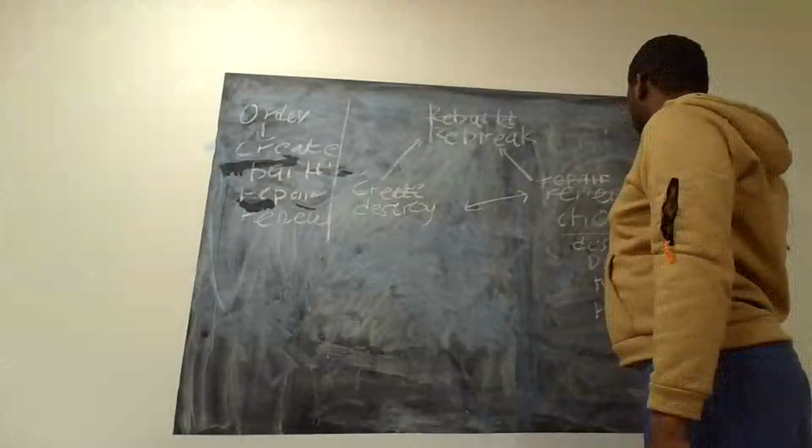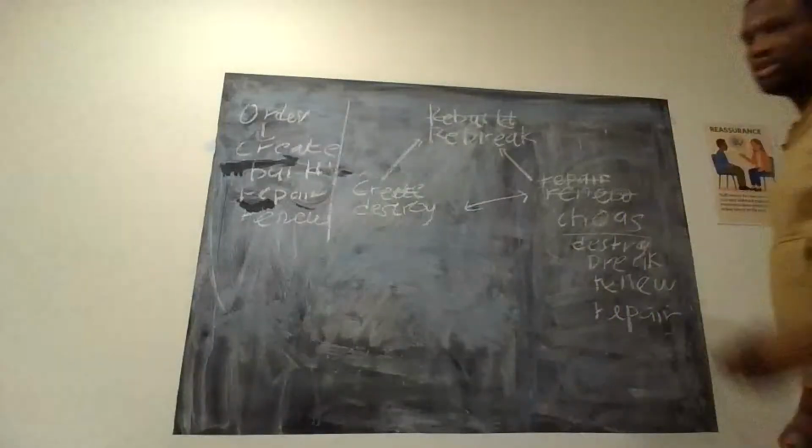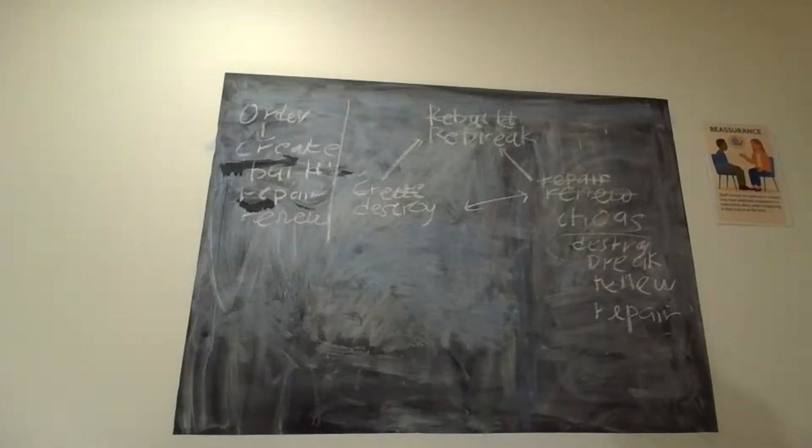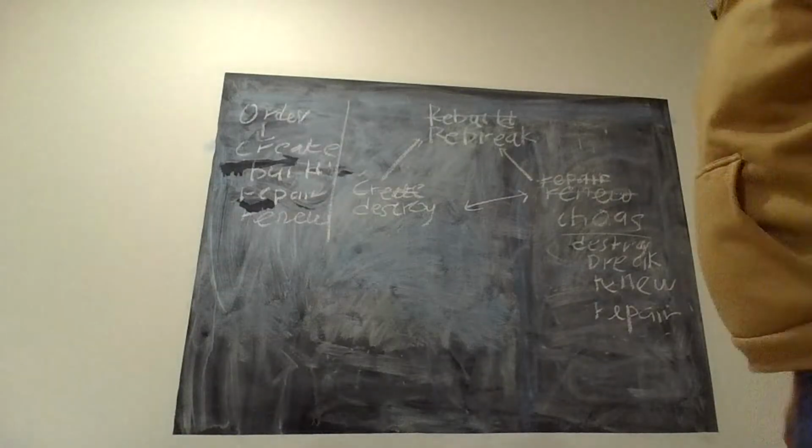And then finally, you get the polar opposite on the board here. As you can see, the chaos here is destroy, break, renew, and repair.